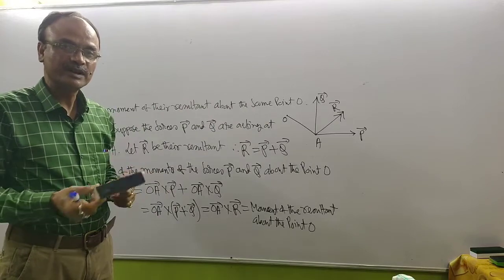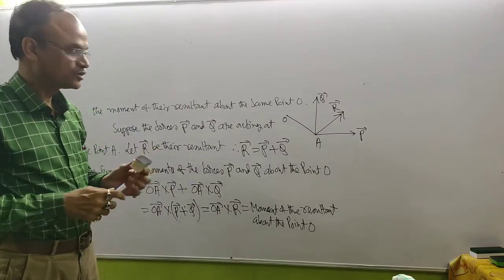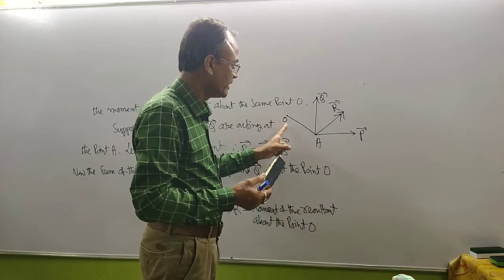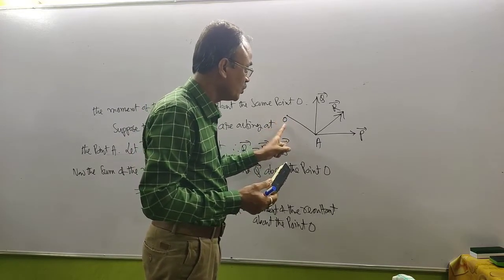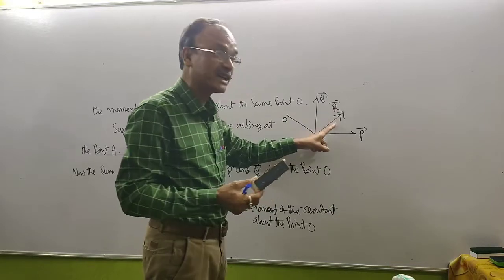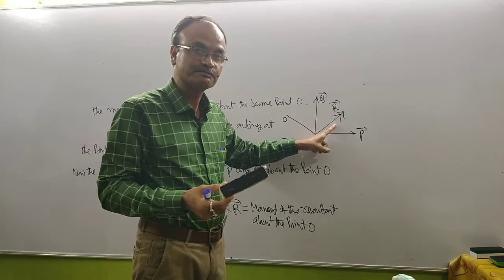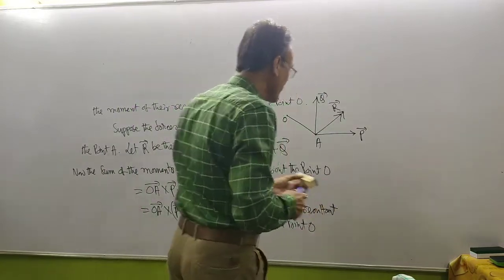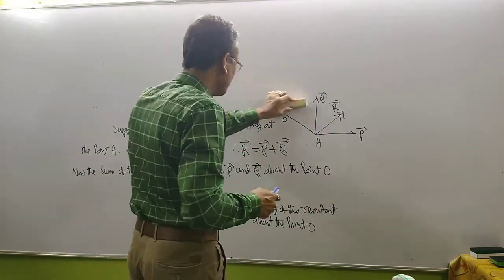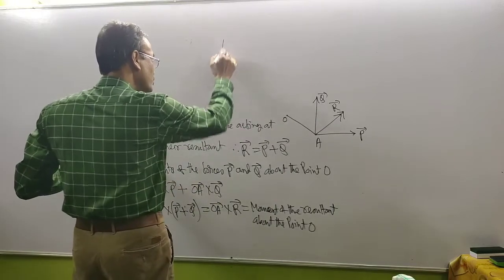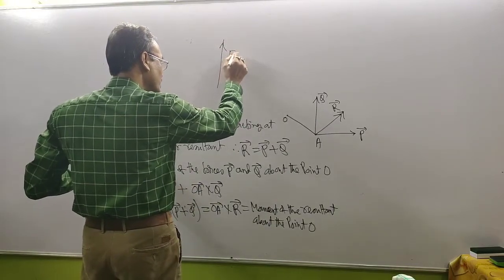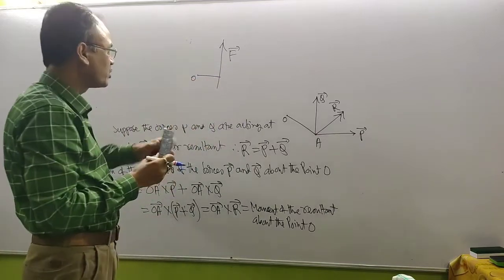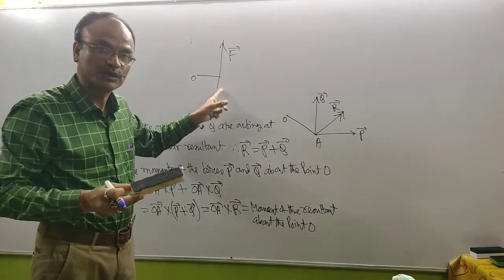From this theorem, you may suppose the point O is on the line of action of the resultant. Then you see, the moment of a force about a point is equal to the product of the force and the perpendicular distance from the point to the line of action of the force.